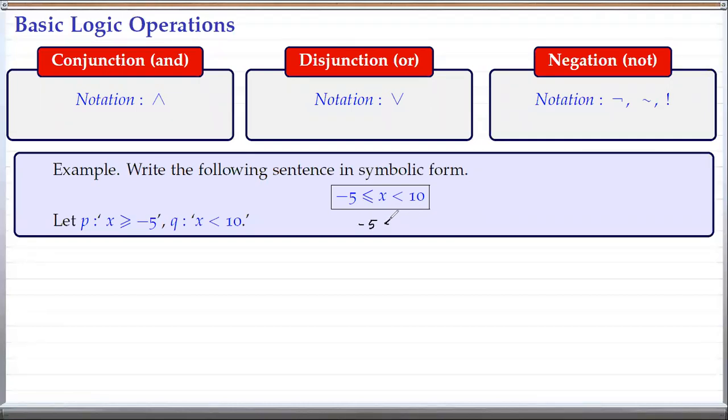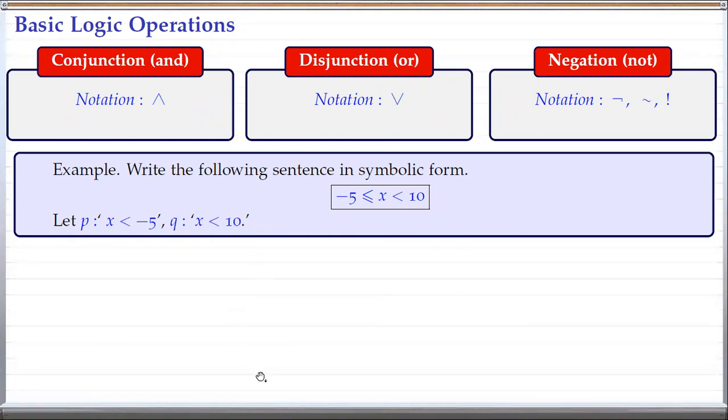We can say x is greater than or equal to -5 and x is less than 10. Now, if we look at what we are given about P and Q, this is simply P and this is simply Q. So this statement becomes P and Q. So this is the symbolic form of the given statement.